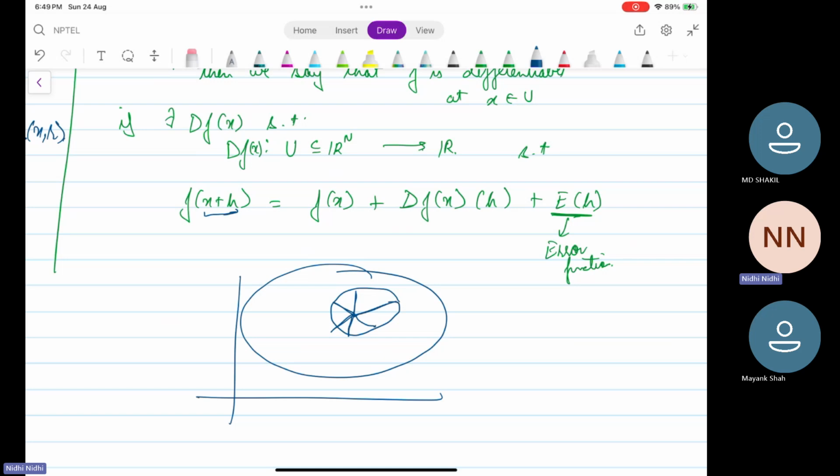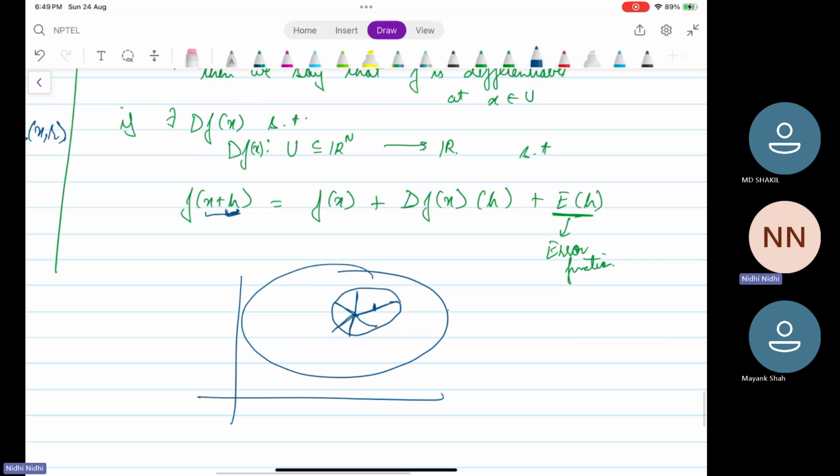So the norm of h should be small enough that we remain inside the set U. That is why we take h to be in a small ball around 0, so that x + h always remains in the domain and we can find the value of f(x + h).